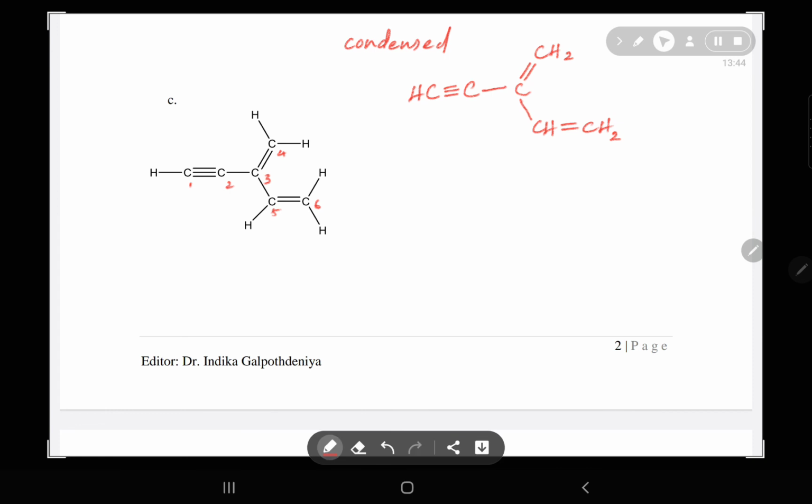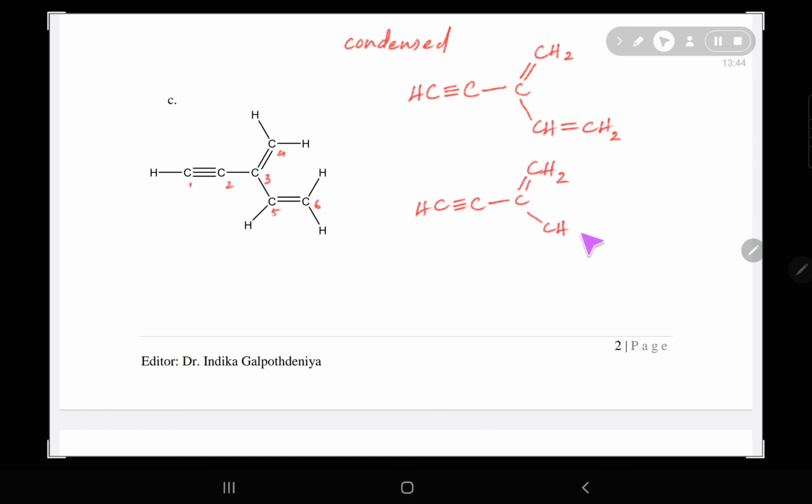And how about the skeletal structure? That means you should not have any carbon-hydrogen labels. So basically what I'm asking you to do is remove all the carbon-hydrogen labels from the skeleton. I love teaching this part.